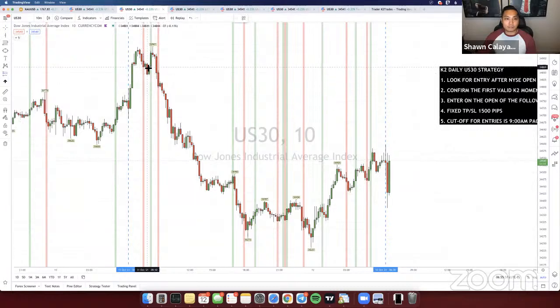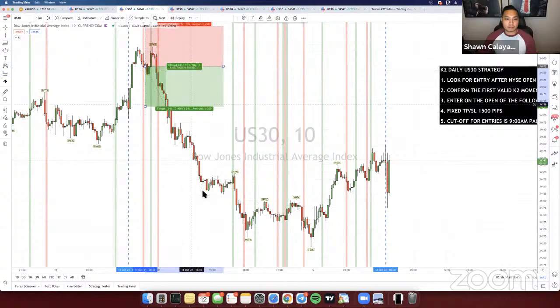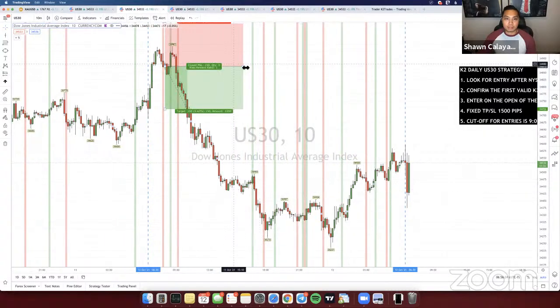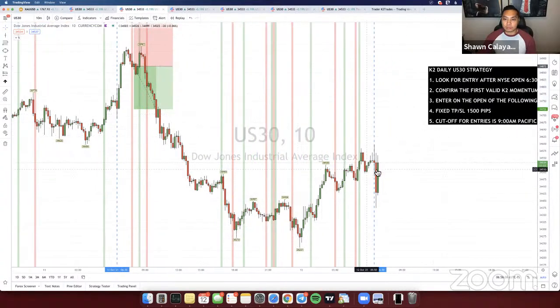This would have been the daily from yesterday, which would have hit full TP. But we don't have one for today yet, because this was when the market opened. We don't have a signal that's come up yet. If we do get a signal, it's going to be a red signal, unless it's invalid, then we'll be looking for the next one. But for the most part, we just don't have one for the day yet.